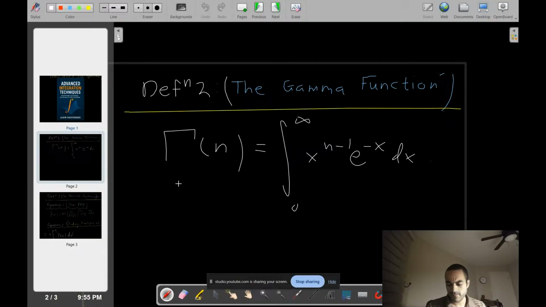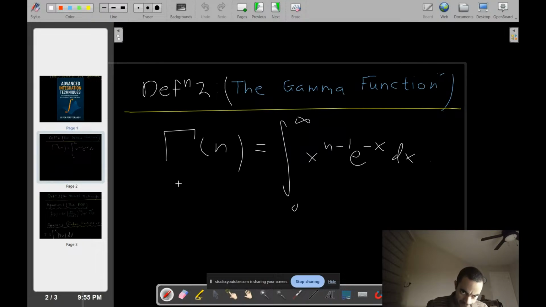But anyways, we know that the gamma function, as I was saying, calculates a certain type of improper integral, x to the n minus 1 e to the negative x dx. But it can also measure how fast mass accumulates.